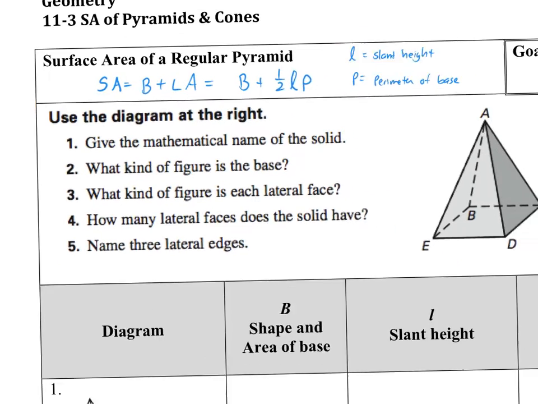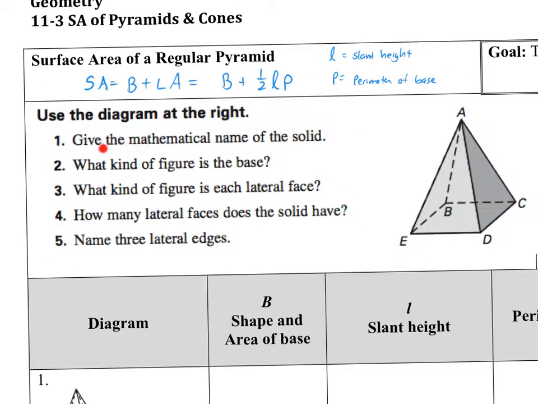So by way of introduction, let's look at a few things here. We're going to give the mathematical name of the solid. Well, it is safe to assume in many cases that what we see down here is actually going to be regular. So in this case, I could call this a square pyramid, because the base is a square.